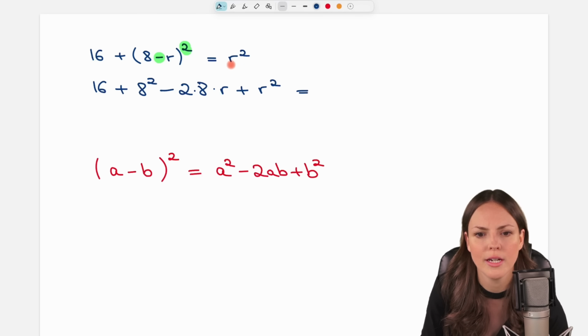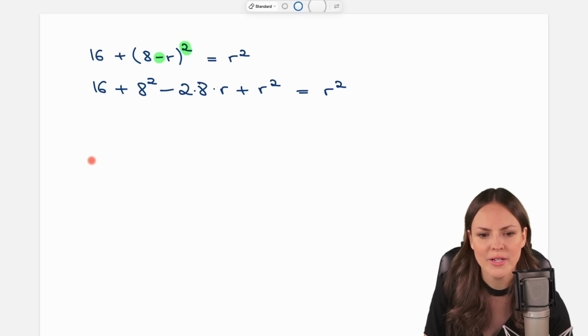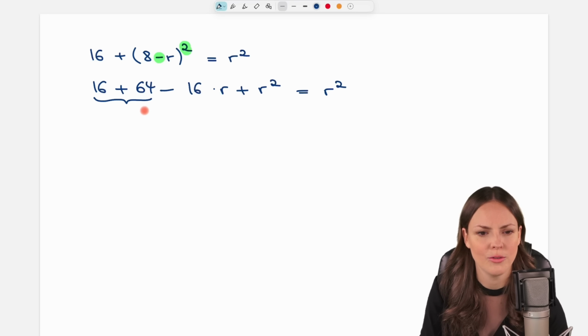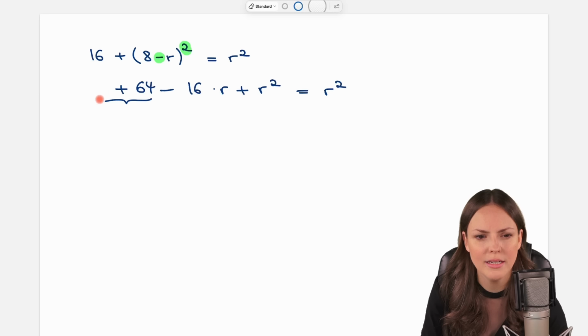And on the other side, we still have the r squared. Okay, let's simplify a little bit. 8 squared equals 64. 2 times 8 equals 16. Maybe I can calculate this already. 16 plus 64 equals 80 in total.